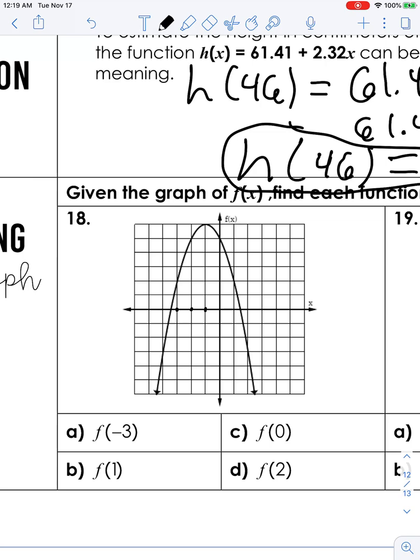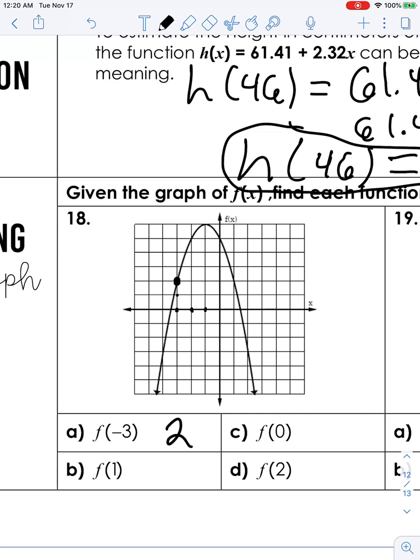Now, I need to go up where it actually hits the graph. This is where it actually hits the graph. Okay? So when my x is negative 3, what is my y? 1, 2. So my y is going to be 2.